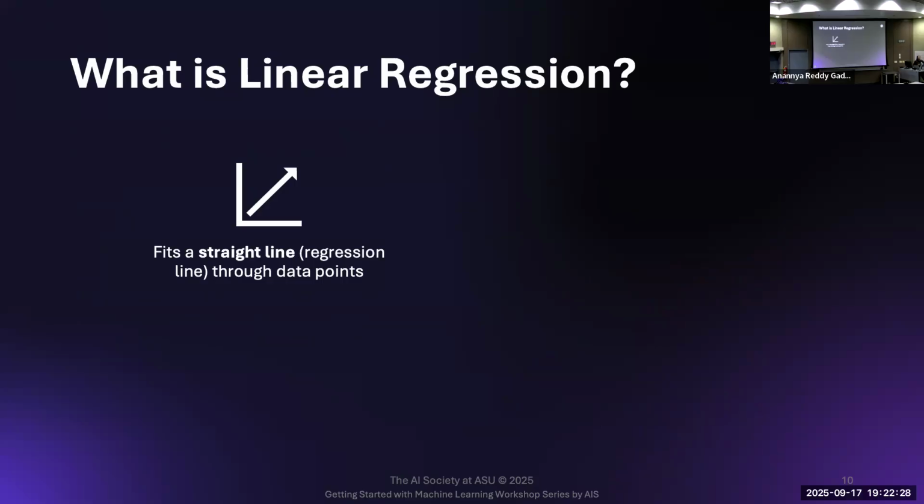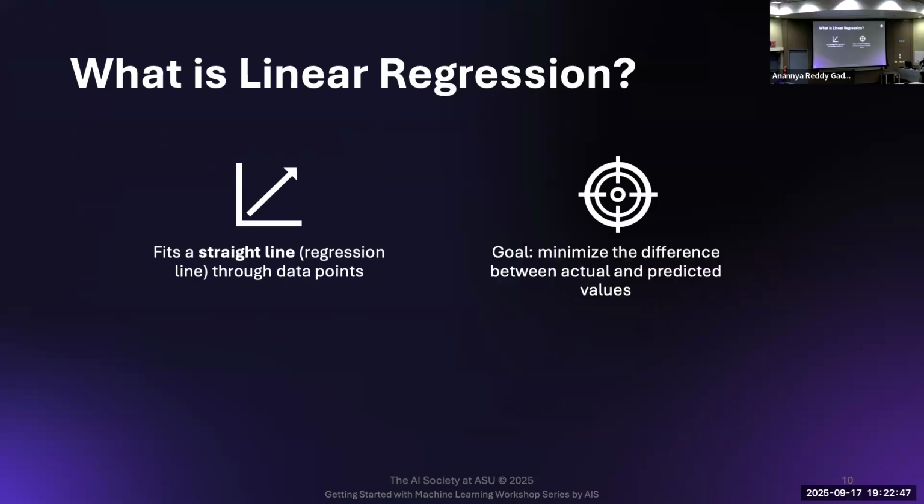Now, let's learn about the goals. Why are we using linear regression for predicting values? Linear regression is nothing but finding the best fit line and predicting our outputs based on the input. Our goal is to minimize the difference between actual and predicted values. As you saw in the last representation, pink dots represent the actual data points, whereas the blue line represents the predicted line.